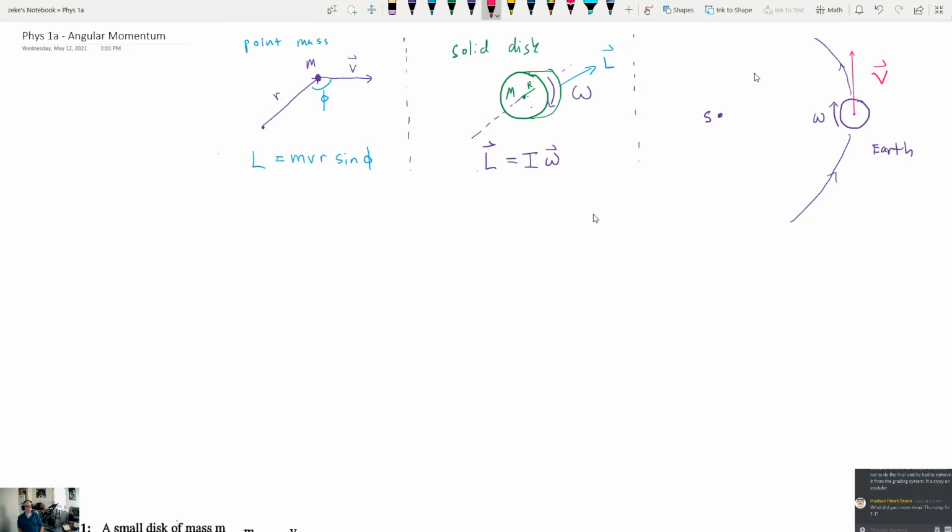So for this, you can have both types of angular momentum. I'm going to name these now. This type of angular momentum we call orbital angular momentum. This one is called either spin or rotational angular momentum. I'm going to call it spin.